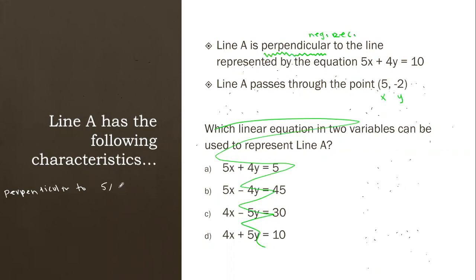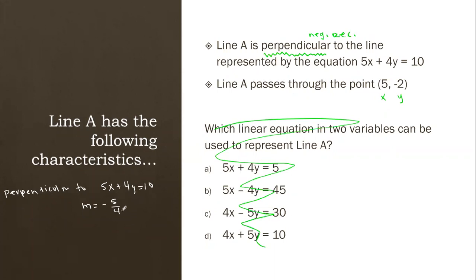Okay, so we know it's perpendicular to 5x plus 4y equals 10. My question to you, what is the slope of this line? 5/4? Positive or negative? Negative, -5/4. I quickly can do that in my head because I know it's -a/b, and if this is positive, then I know that the slope is negative.